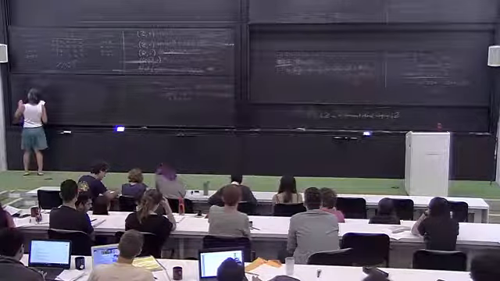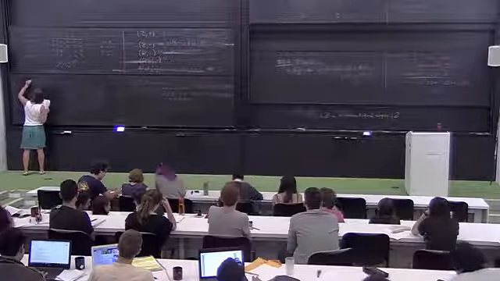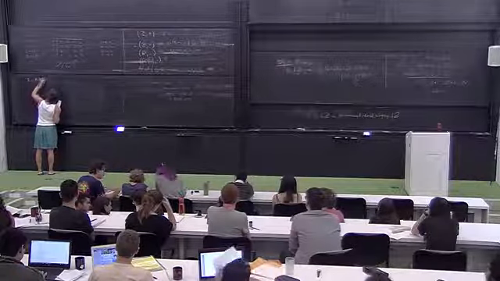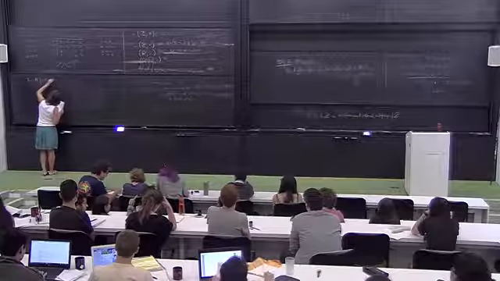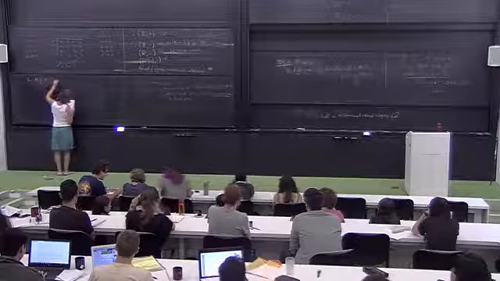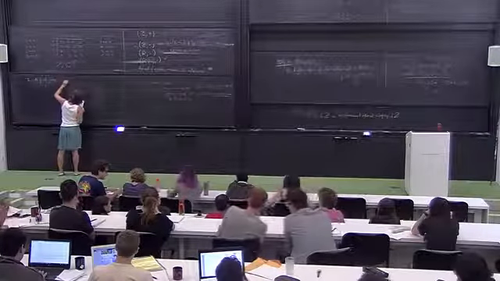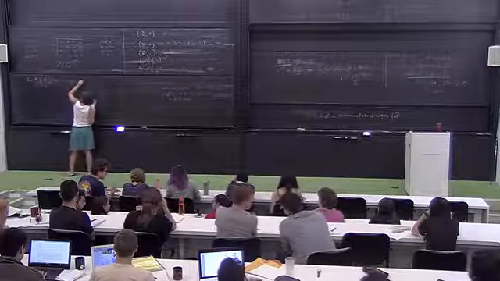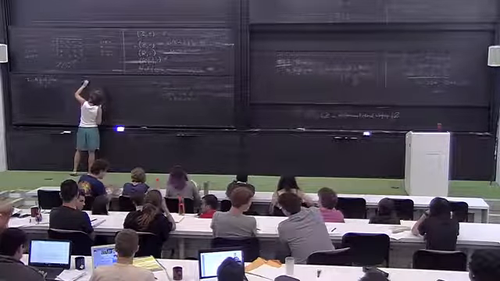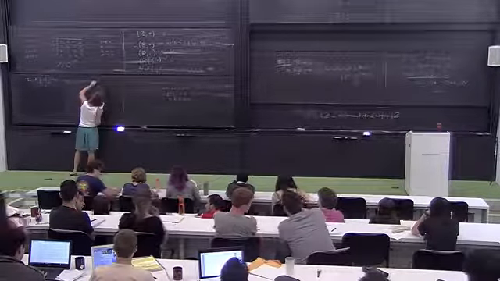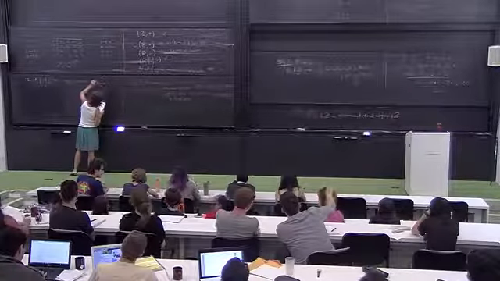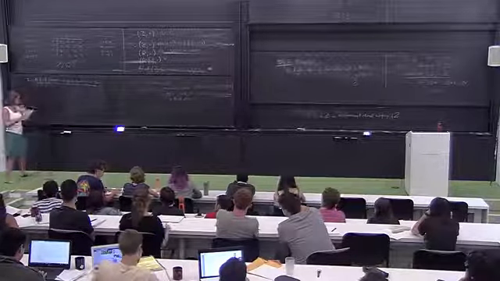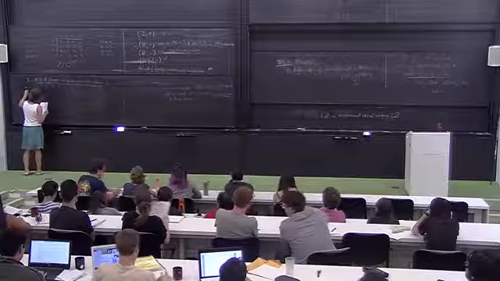So this is the second part. The first part was the introduction, and here we're going to have a first look. So again, I need to start with the definition.